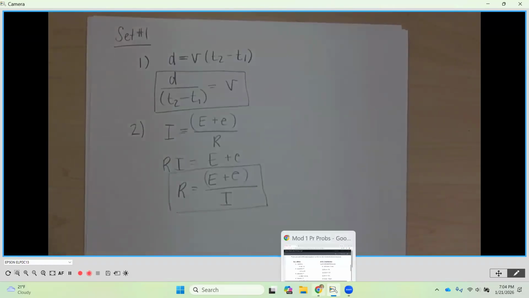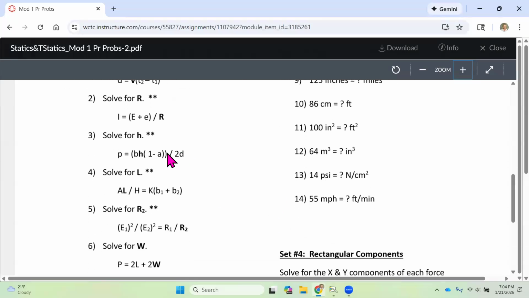Okay, let's look at number 3. Number 3, we want to solve for H, and here's our equation. So I'm going to write that out over here. Make sure, again, we want our fractions in the up-down format. So P is going to be equal to BH times 1 minus A on top divided by 2D.